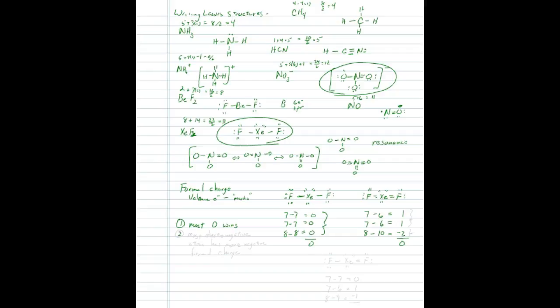If there was a tie, then you would make sure that the most electronegative atom has a more negative formal charge.